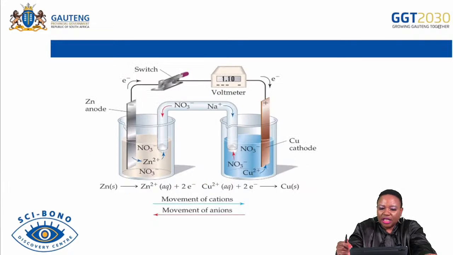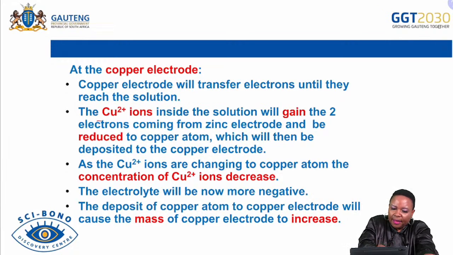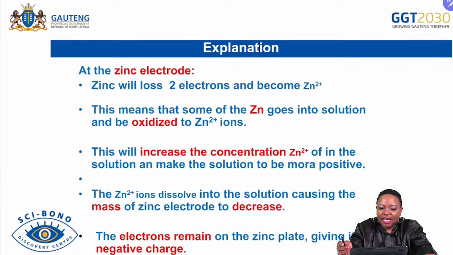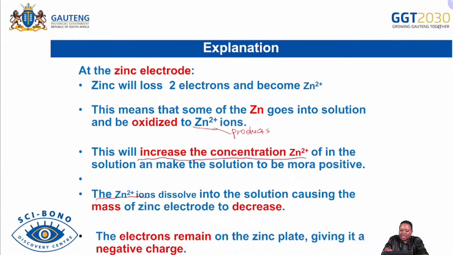So we are saying the cell potential will be decreased by the decrease in the reactant ions and the increase in the product ions. Immediately when the concentration of the product ions increases, then we'll expect our V cell, or our cell potential, to decrease.